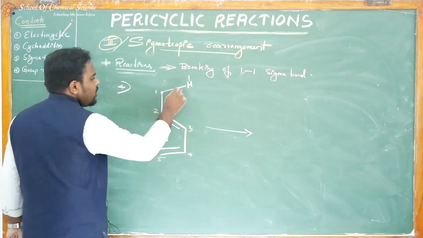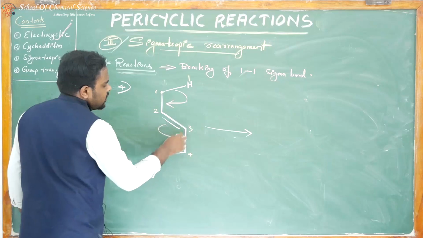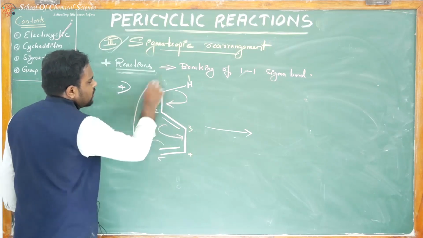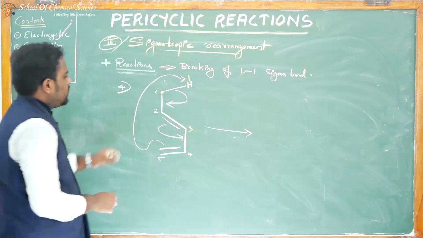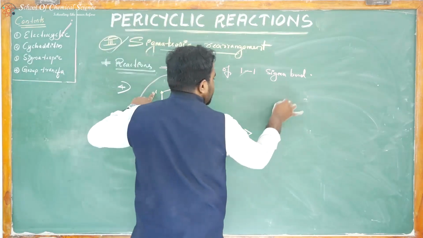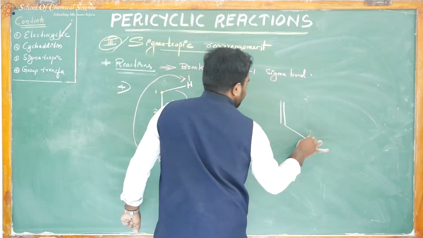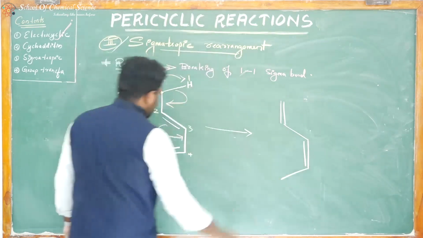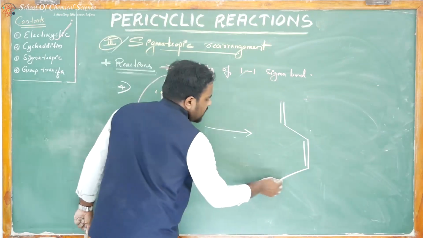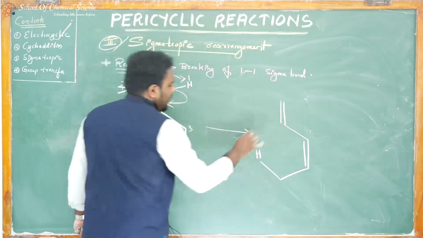So this 1-1 sigma bond undergoes cleavage. Here a new pi bond, new sigma bond between 5 and 1. So here a pi bond is formed. This pi bond shifted towards this side. Here a new sigma bond formed with the hydrogen.